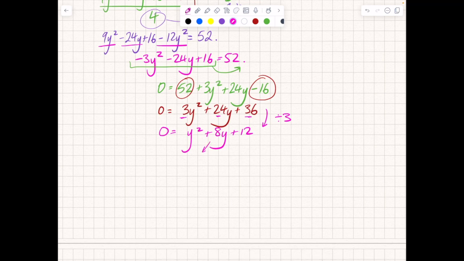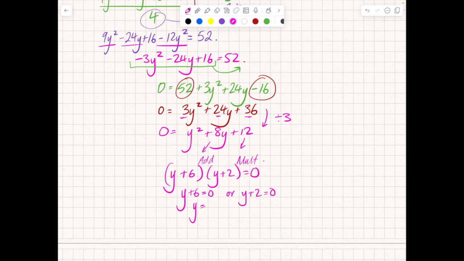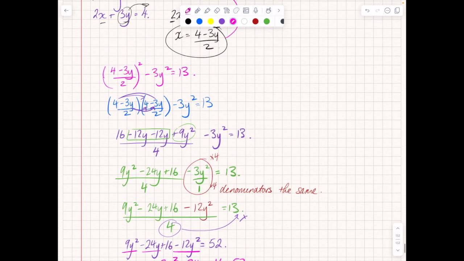So what adds to 8 and multiplies to 12? I'm hoping you guys will be able to figure that out from here. So (y plus 6)(y plus 2) equals 0. So y plus 6 equals 0, y plus 2 equals 0. y is equal to negative 6, or y is equal to negative 2. So they are my two values for y.